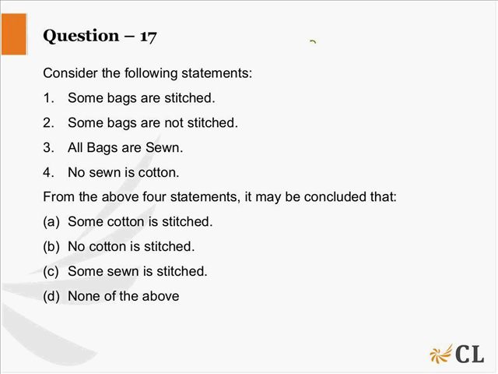It says some bags are stitched. Right? Some bags are not stitched. So what is happening? Through this diagram itself, it is becoming clear that some of the bags are not stitched. I can use the same diagram to represent some bags are not stitched. Yes or no? Then it says all bags are sewn.